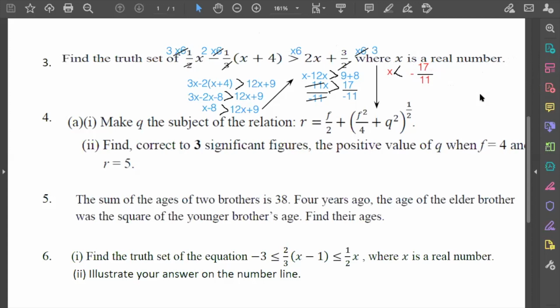Are you okay? Yes, sir. Good. Now the truth set. So the truth set is such that. So let me state the truth set.